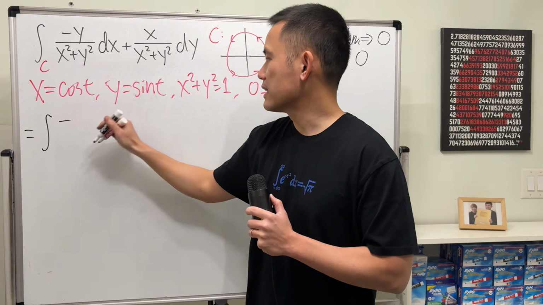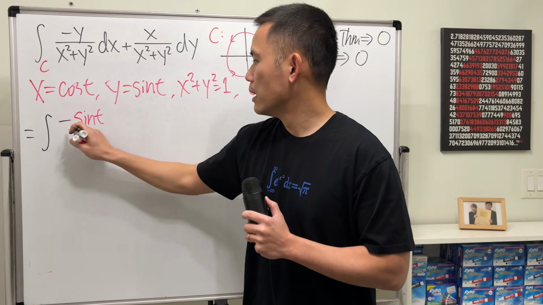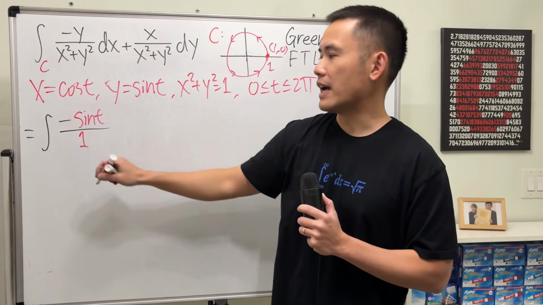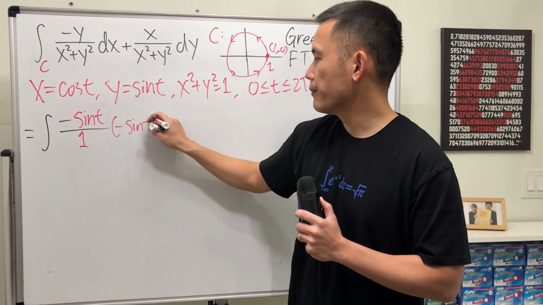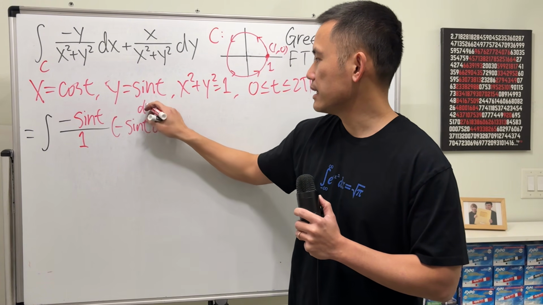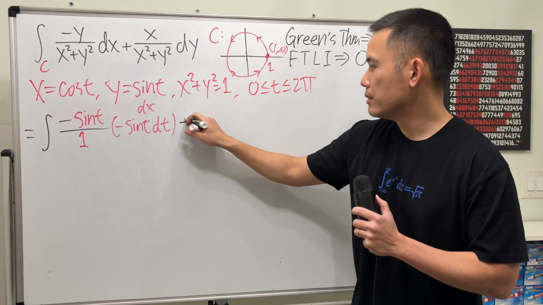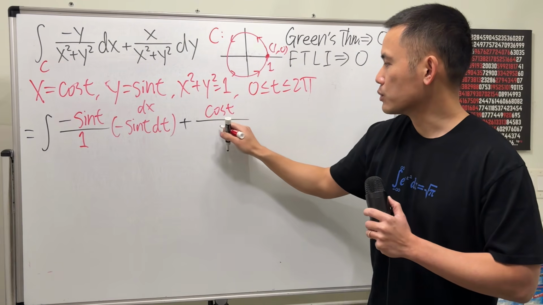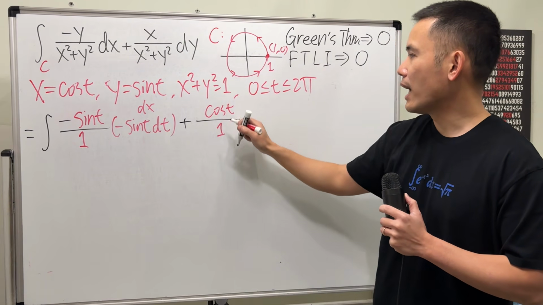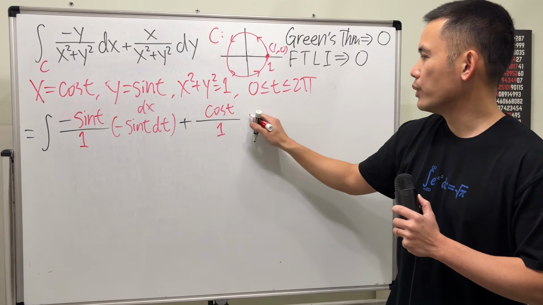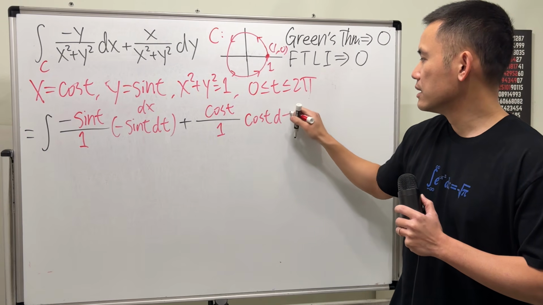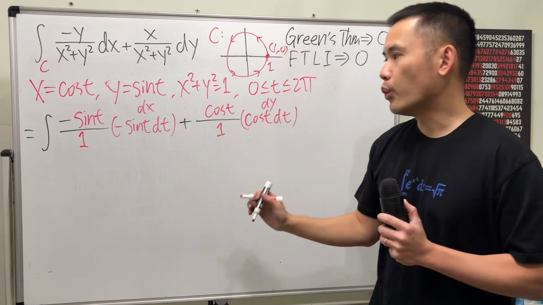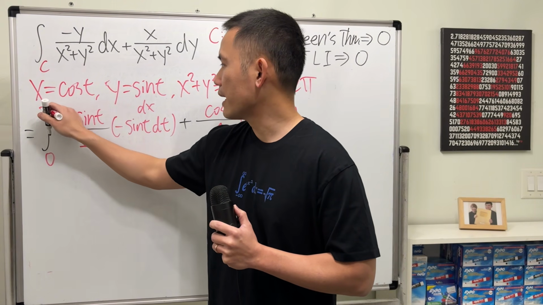Negative y is negative sine t, and then x squared plus y squared is 1. dx, take the derivative of that, we get negative sine t dt. So this is the dx part. Continue, plus x is cosine t. On the bottom is 1. And then dy, take the derivative, we get cosine t dt. And this is the dy part. We are in the t world, so we go from 0 to 2 pi.